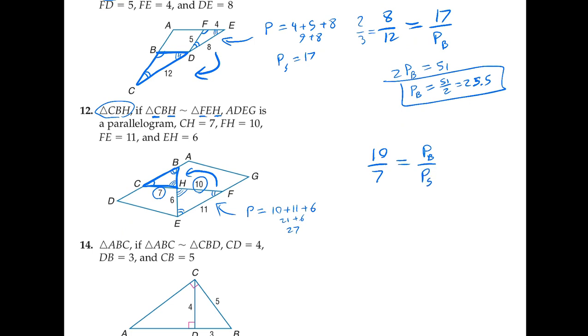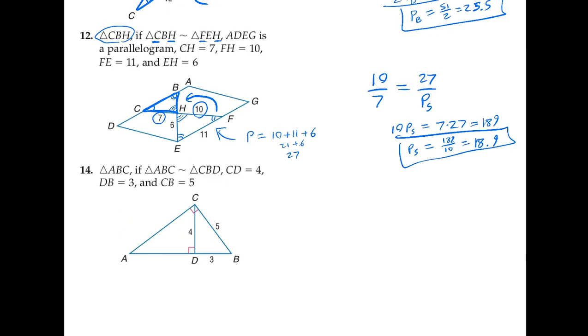But I know the perimeter of the big one is 27. And so then I can just solve. So 10 times the perimeter of the small equals 7 times 27. Yeesh, that's going to be something big. Okay, let's see. That's 140 and 49 is 189. Oh, that wasn't so bad. And then dividing by 10, we get 189 tenths, or 18.9. Very cool.